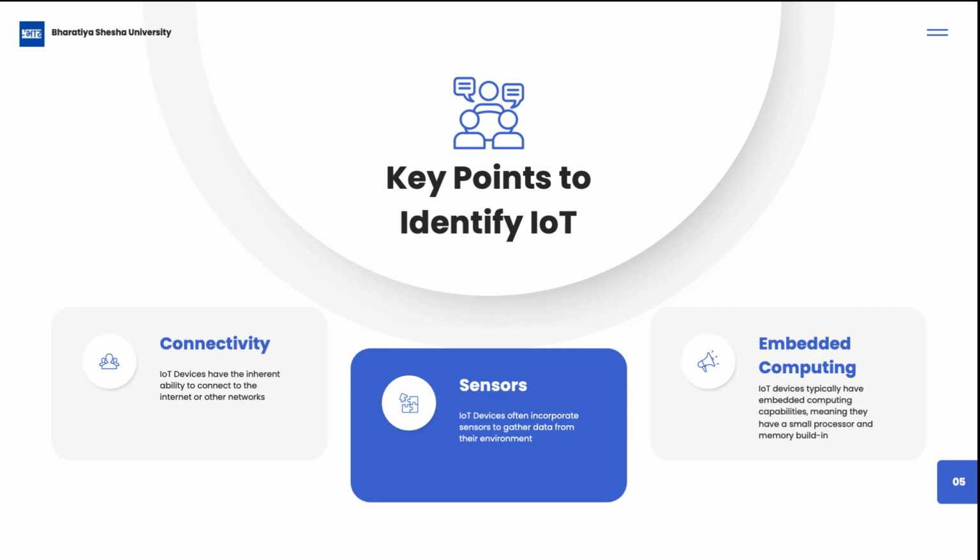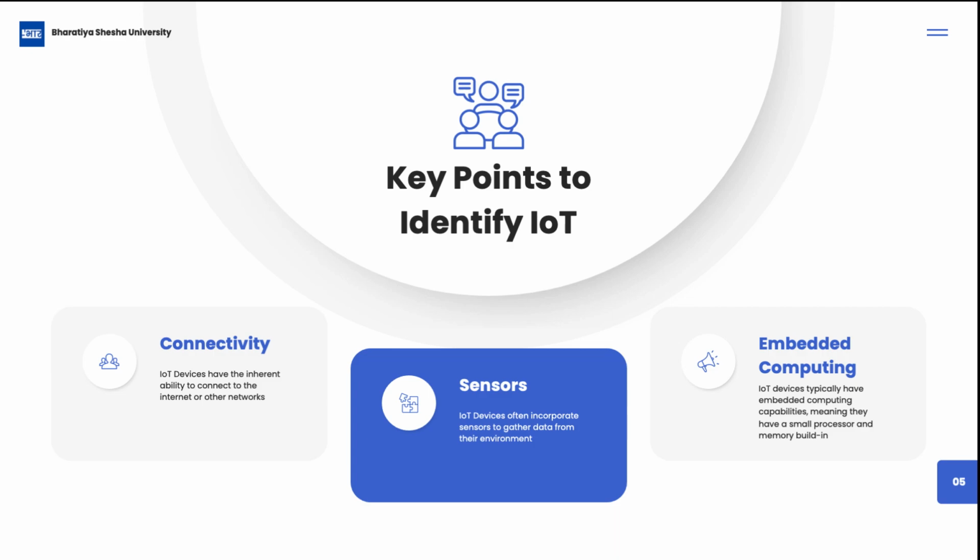The second key point of an IoT device is sensors or actuators. IoT devices often incorporate sensors to gather information. These sensors can measure traffic, temperature, humidity, light, motion, location, or other physical parameters.